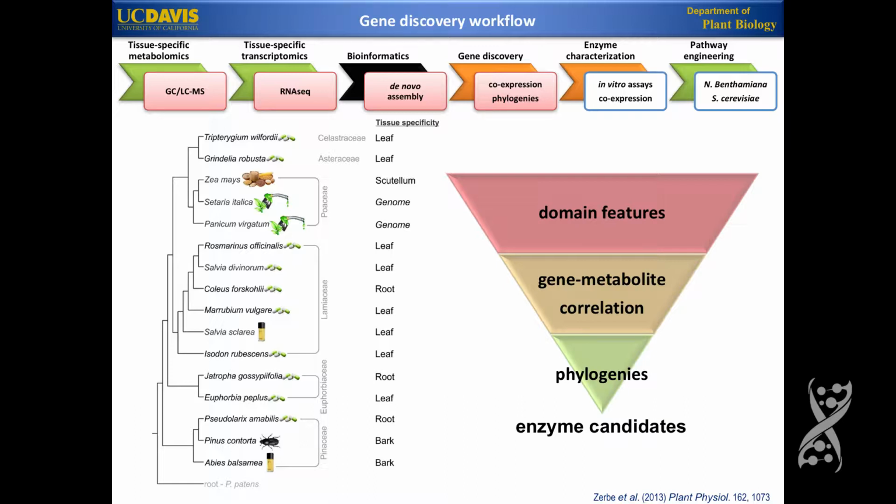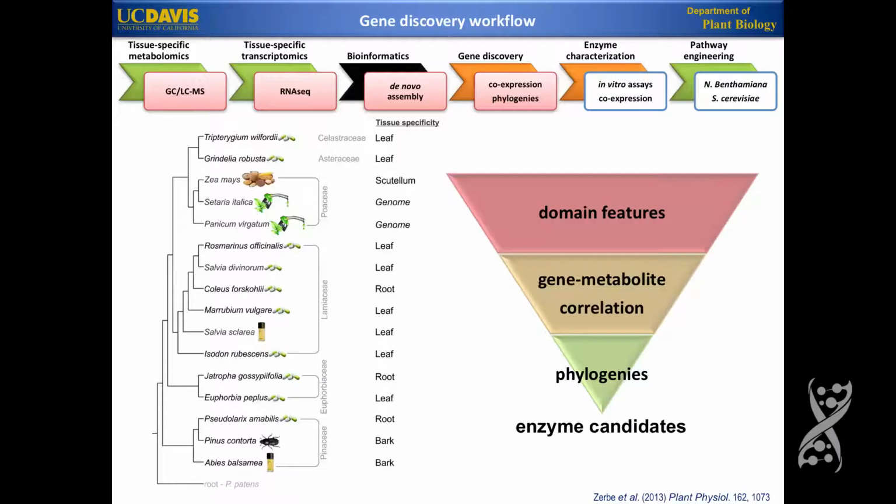We have a combined database where we first look at classic domain features of these enzyme classes, where we can very quickly filter a large assembly to a certain subfamily. We then look into gene-to-metabolite correlations, again looking at different developmental, inducible, or tissue ratios.